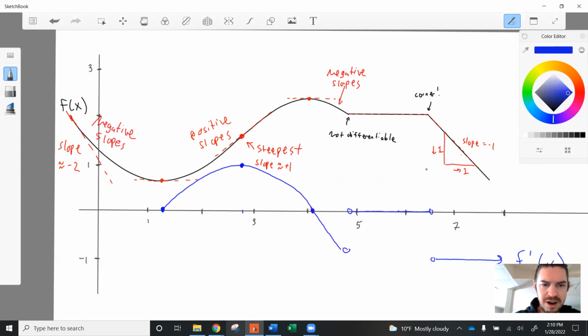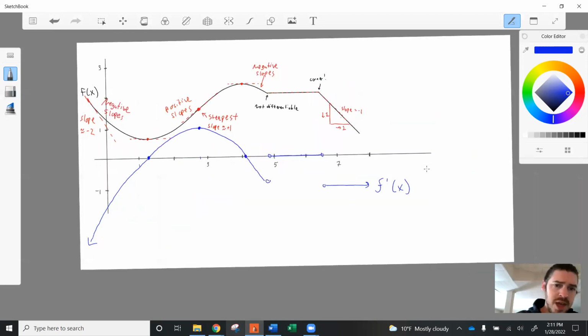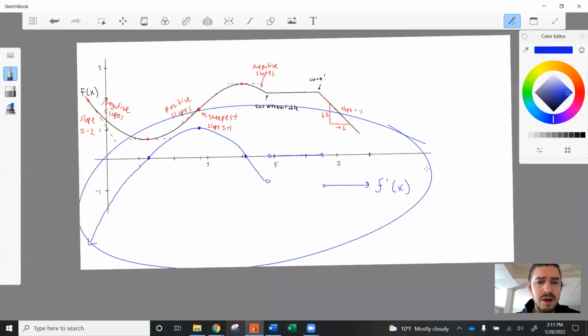I'm being very rough in my approximations here. So let's guess that this comes down here and comes down to somewhere about there. And rather, something like that. And that's pretty much it. There we go. We've done the whole thing. So this is the graph of f prime to the best of our ability.